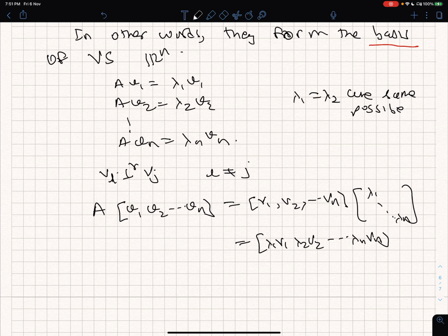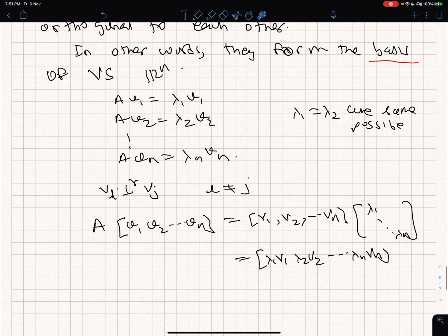When you individually map it, A v1 is lambda 1 v1, which is here. A v2 is lambda 2 v2, which is here, and A vn is lambda n vn, which is here. So this is nothing but a matrix representation of these n equations.